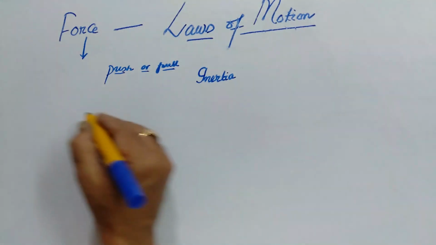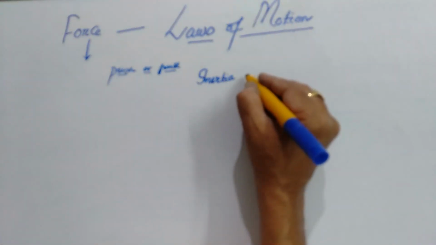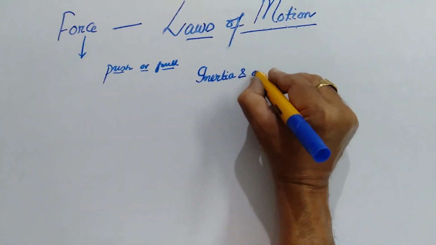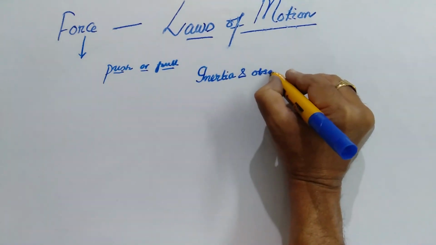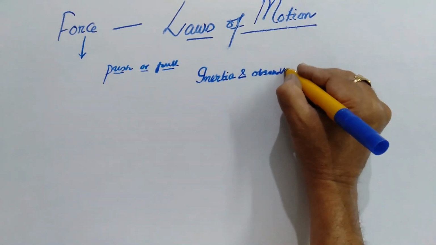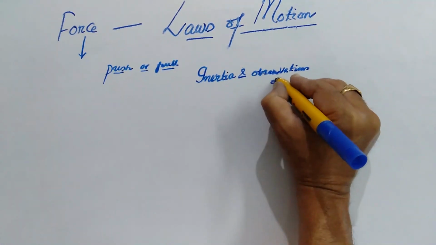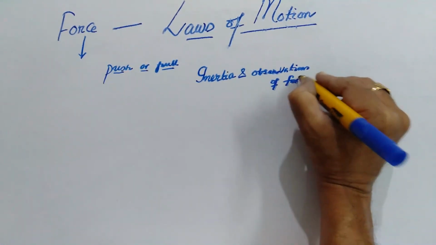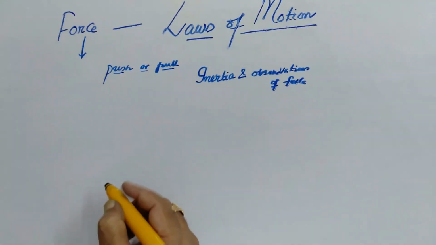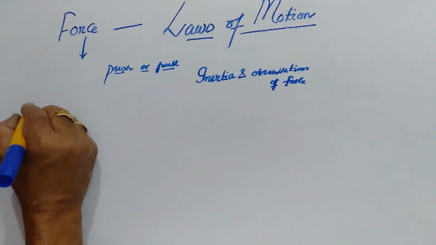What is it? How can we write the first law?